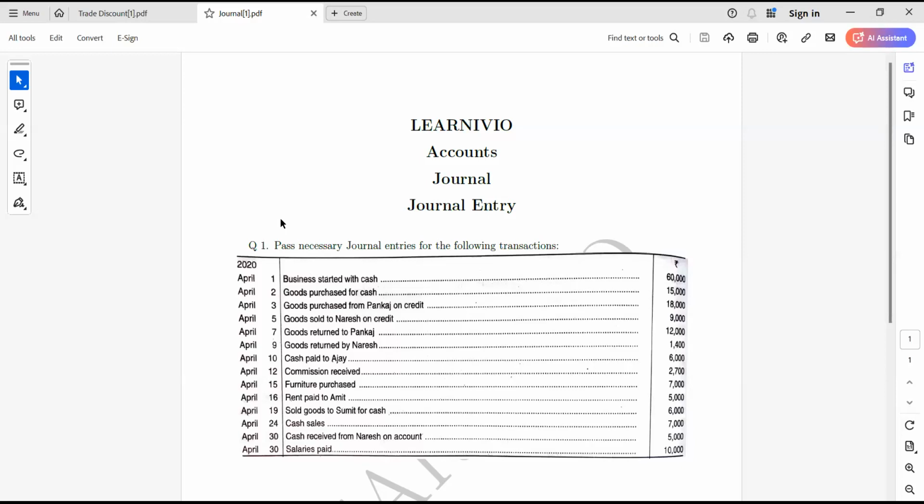Okay, salary is paid. Salary is a nominal account, and it is going out, so it would be expenses and losses.